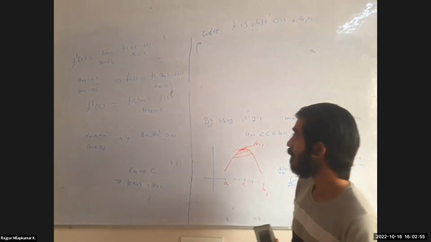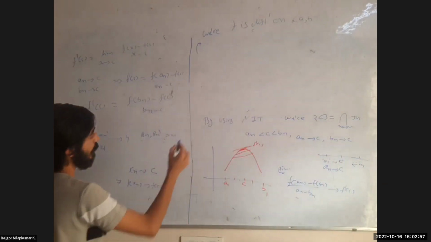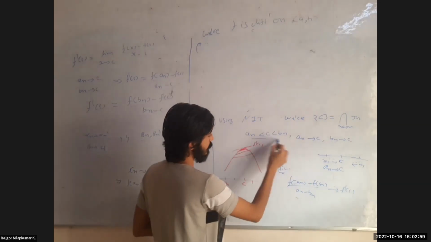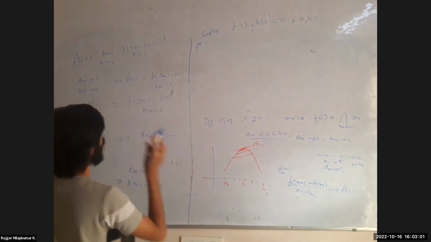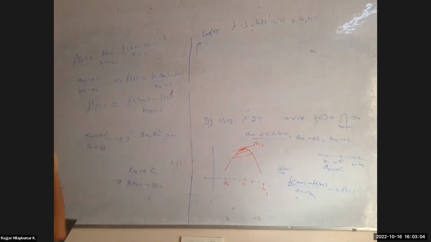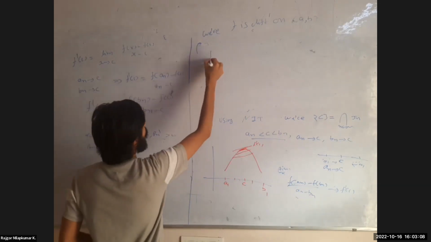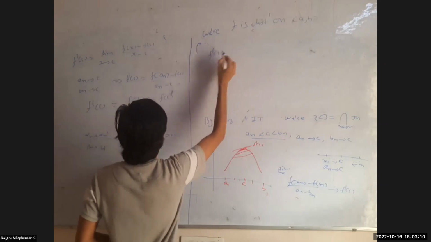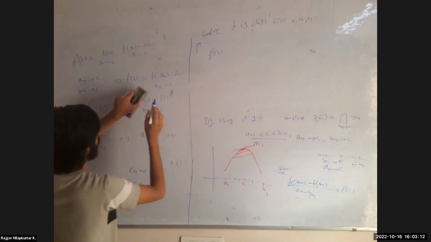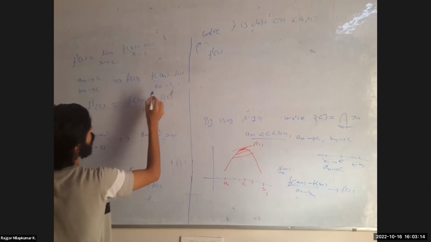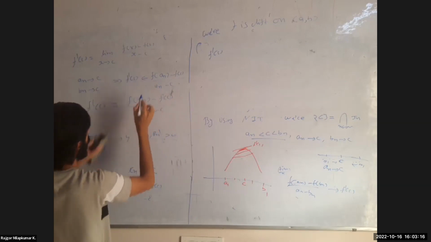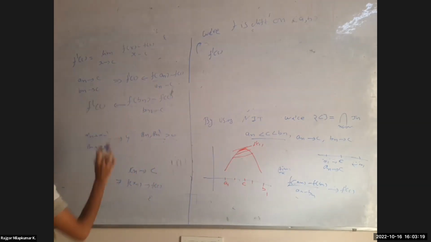Now it's easy, right? See, here an is less than C is less than Bn. So if I want to use this result, then I will have to make sure that these things are positive. So f dash C is nothing but, sorry, this is the limit as n tends to infinity. This converges to C and this also converges to f dash C.